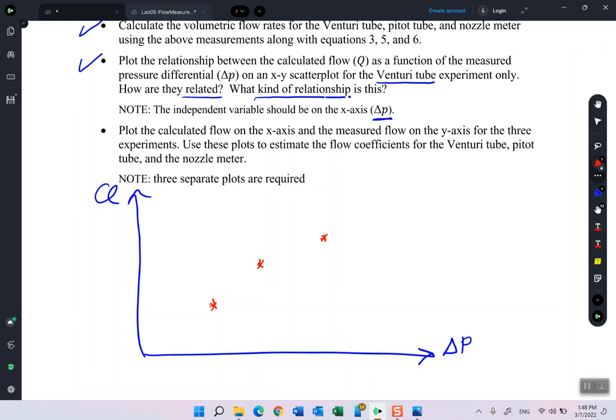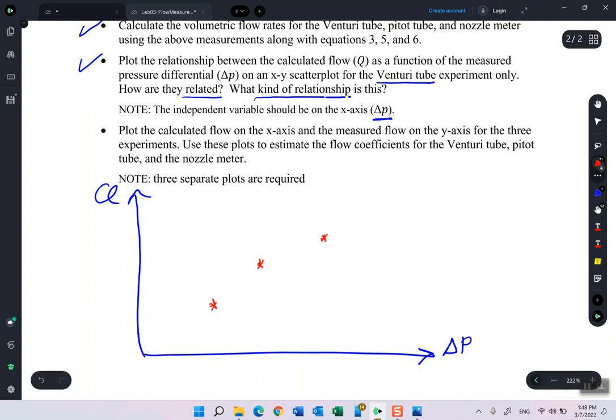What kind of relationship is this? What are the kinds of relationships that we have? Mainly we have linear and non-linear relationships. By linear I mean that the ratio between the dependent and the independent variable is a certain constant.